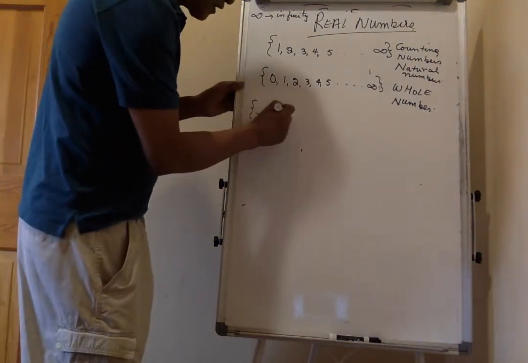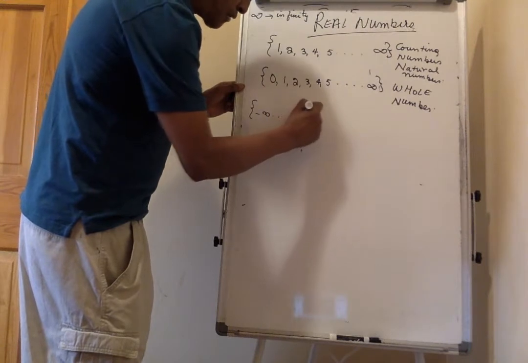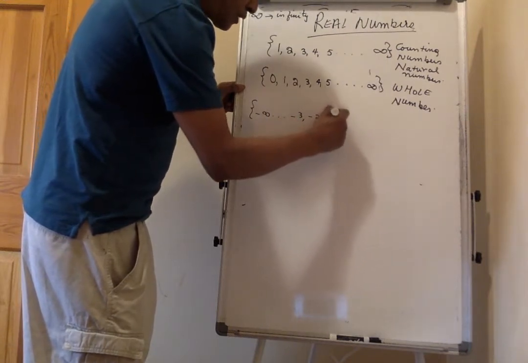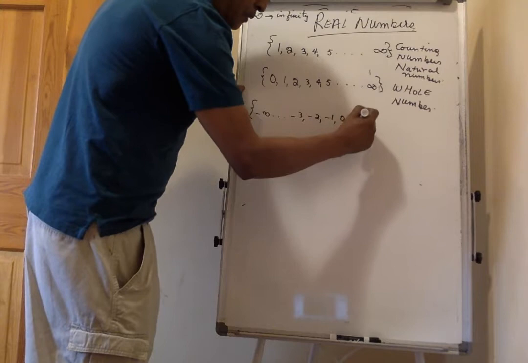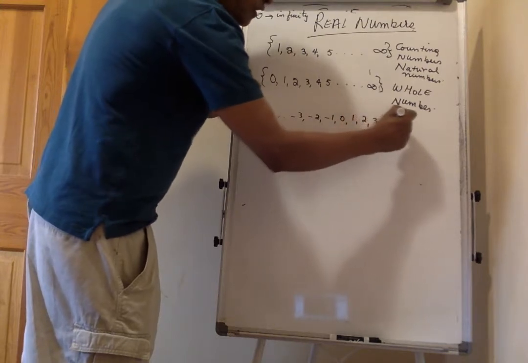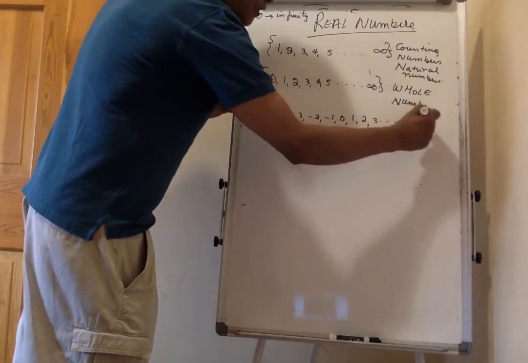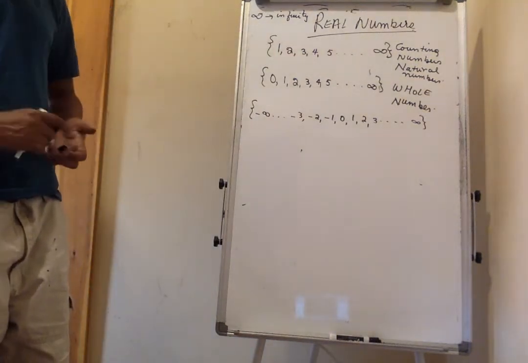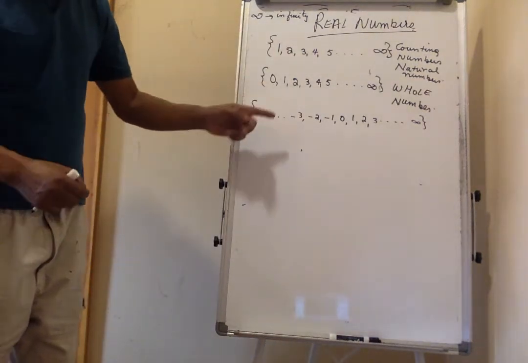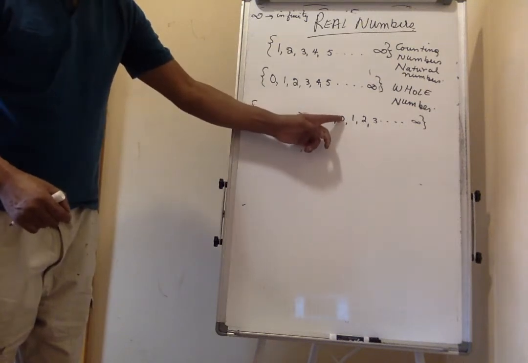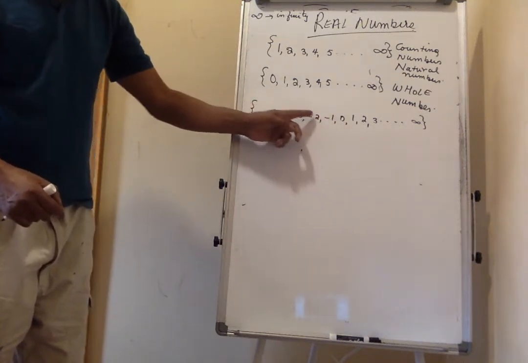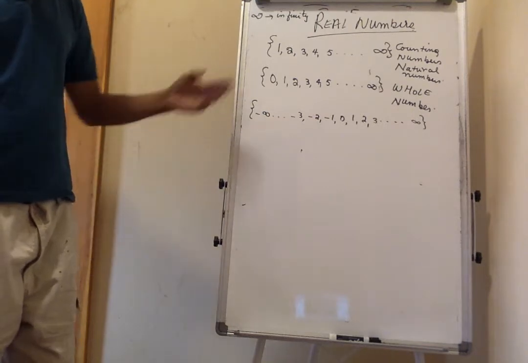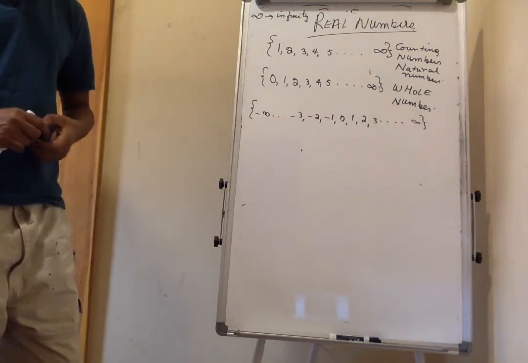So now I'm going to put -3, -2, -1, 1, 2, and 3. And now, you see our numbers are expanding in the universe. Now, not only did I add 0, I also added what? Negative numbers. So we have to change the terminology.